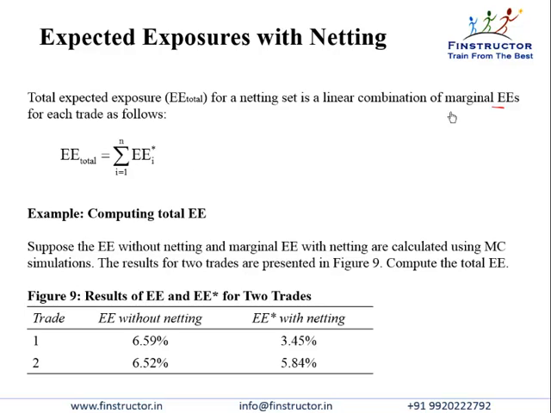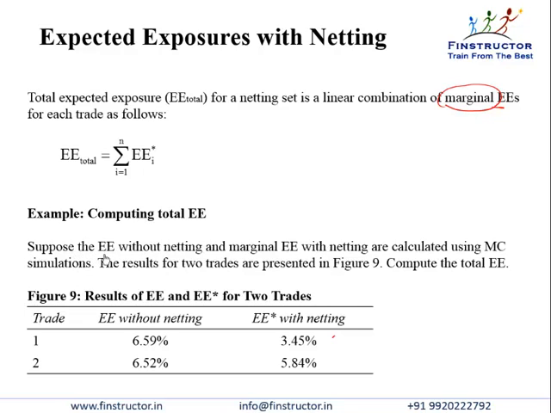Please note, the marginal expected exposure is the additional exposure that a new trade would be bringing into our position. If the new position has a very low correlation to the existing portfolio or to the existing set of trades, then the marginal expected exposure will be lower with netting as against the marginal expected exposure without netting. So we'll understand with an example.